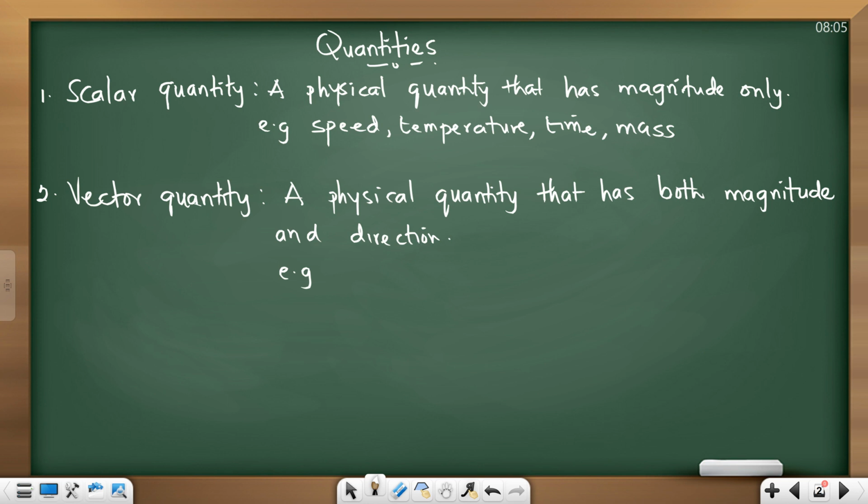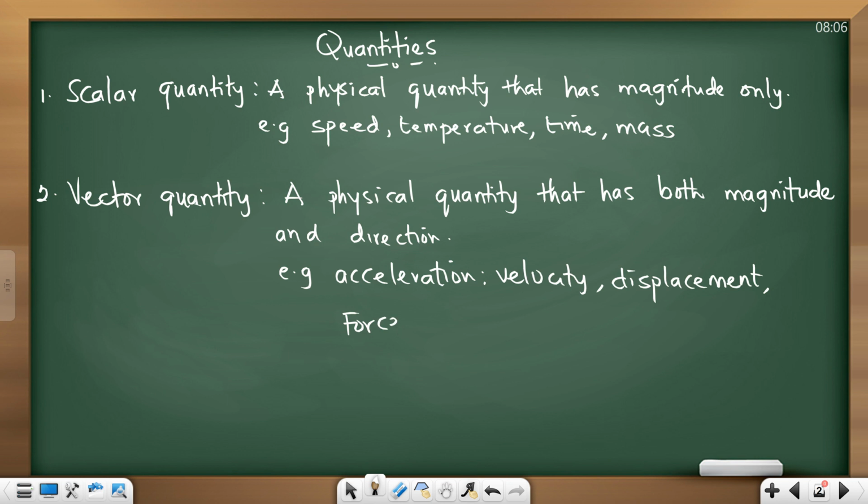Lovely. I love what you are giving me. It's like you were waiting. Acceleration. Who gave me another example there? There was velocity. I remember. Lovely. Somebody says displacement. Beautiful. Somebody says force.